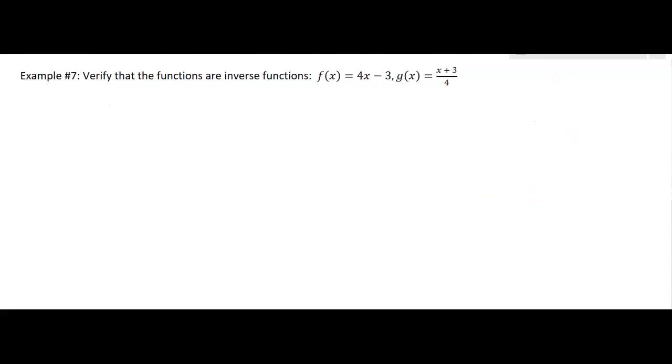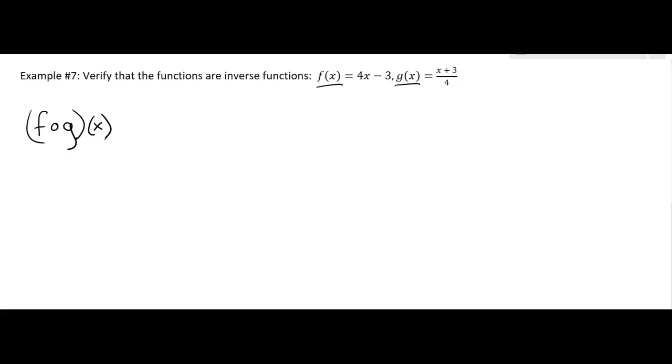Okay, so here we go. Verify that the functions are inverse functions. So I have f and g. First, I'm going to go f compose g of x. Now, we don't know that they're inverses. Well, we kind of do because it says verify, but you don't always know. But if they're going to be inverses, then this has to turn out to be just x.